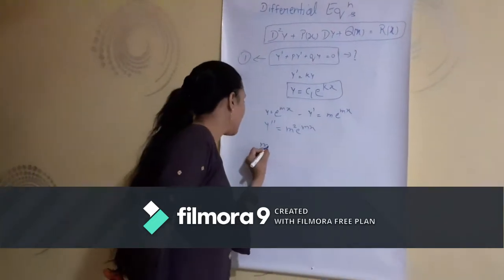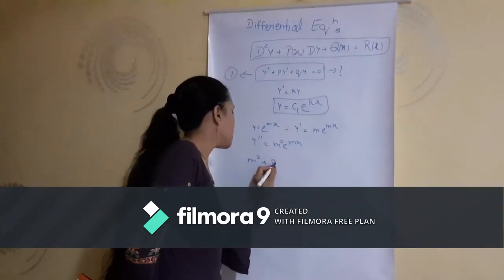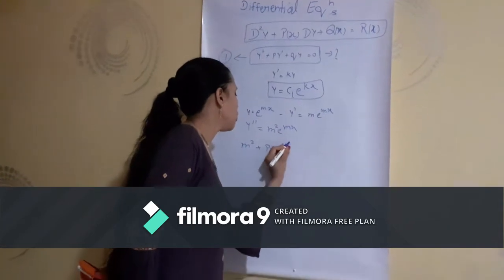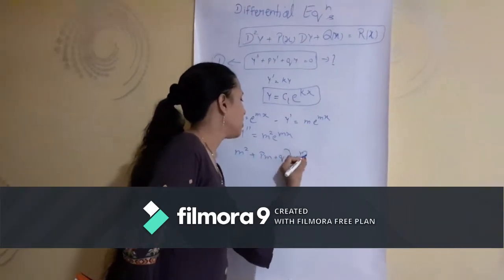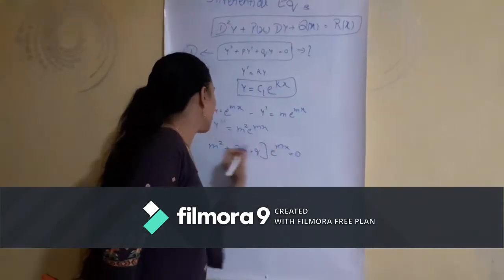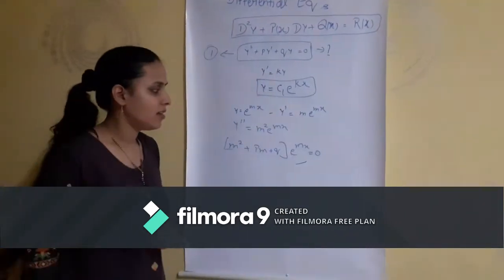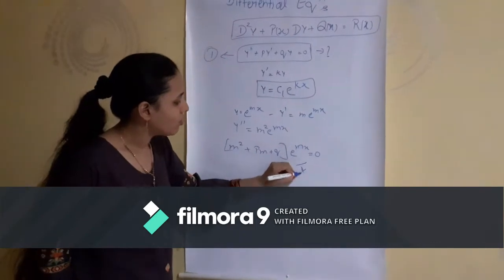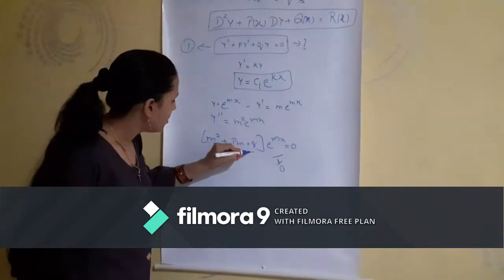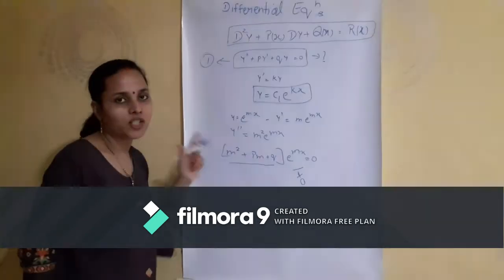What we will get is (m^2 + pm + q) e^(mx) = 0. We know that an exponential can never be equal to 0. Then this factor has to be 0.